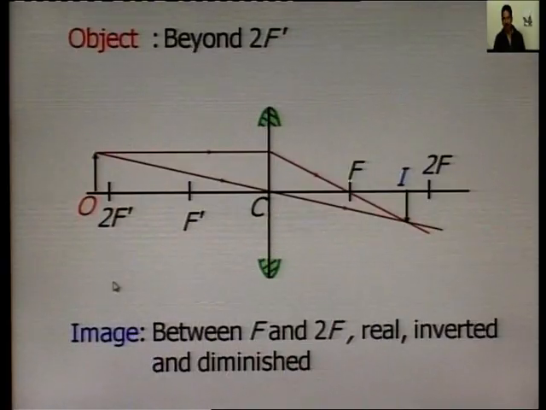So, image formed will be between f and 2f, real, inverted and diminished. So, this slide shows you the example of the situation when object is placed beyond 2f.